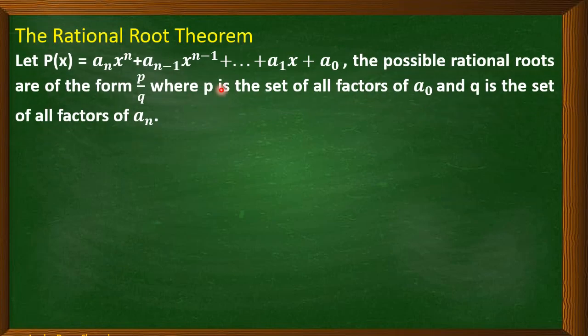Let p of x is equal to a sub n x to the power of n plus a sub n minus 1 x to the power of n minus 1 plus ... plus a sub 1 x plus a sub 0.